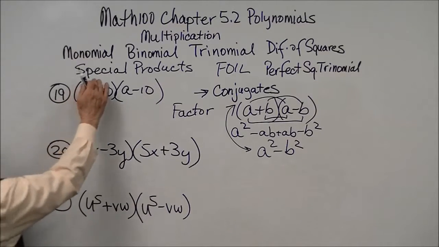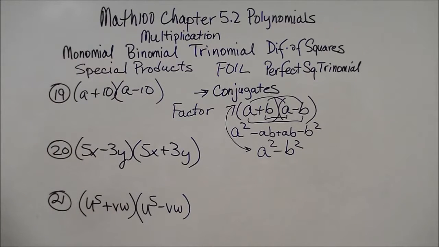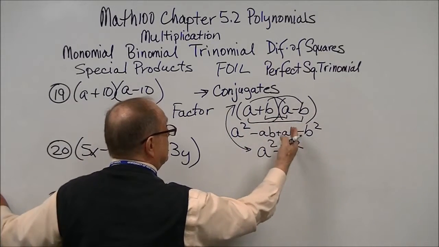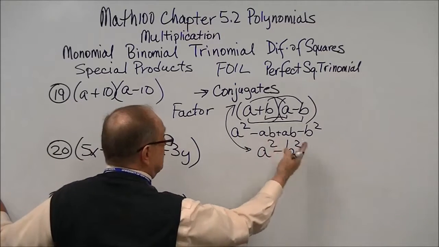And again, these are called special products. Now, when we multiply the sum and difference of the same terms, that is conjugates, we know there's not going to be a middle term.